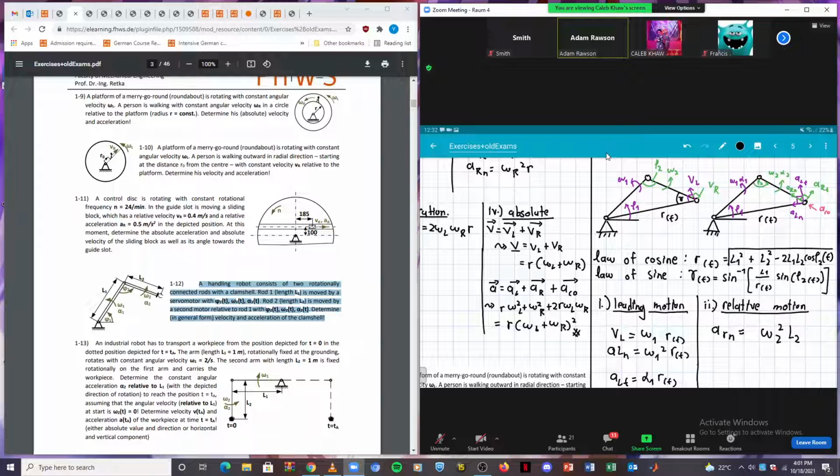And we're doing that because we aren't considering the motion, the velocity and the acceleration of the whole system. The relative velocity and acceleration are from the end of the first rod, so I guess that's the beginning of the second rod to the end of the second rod, rather than the whole thing.